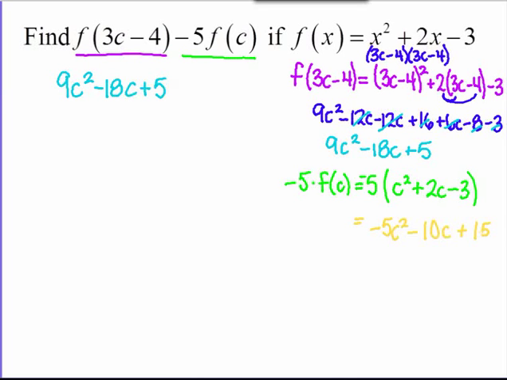So I've got -5c squared minus 10c plus 15. Final step will be to just add like terms together. So what does that come out to be? 4c squared minus 28c, good, plus 20. Nice job, and that is your answer.